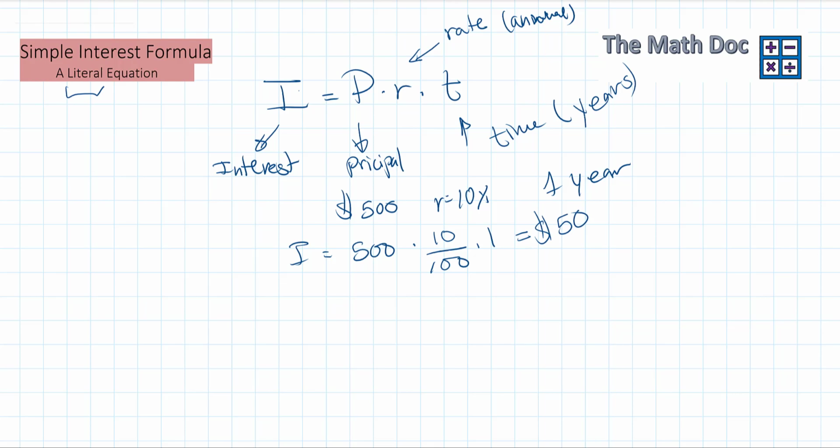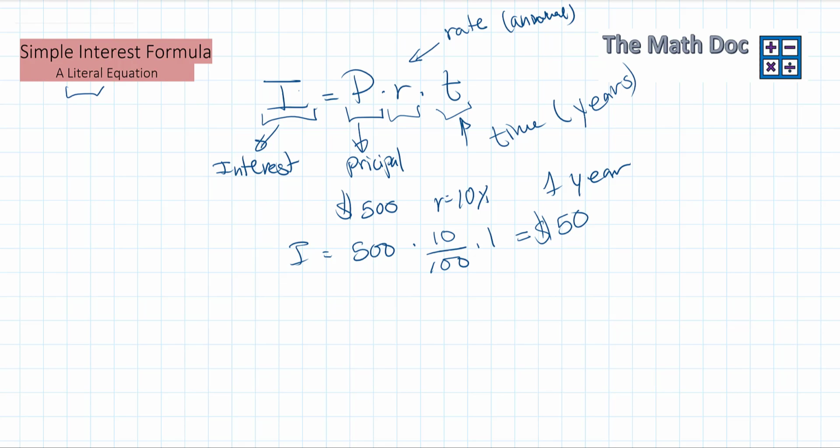Okay, so basically that is what this formula gives us. It connects the time that we wait, the rate that we can earn from the bank, the principal, the amount of money we put in, to the interest that we actually make at the end of the period.